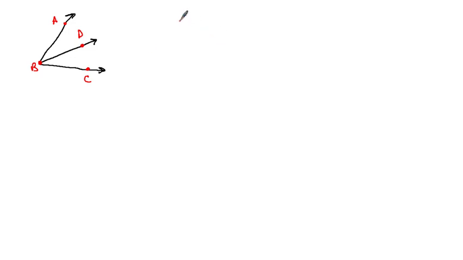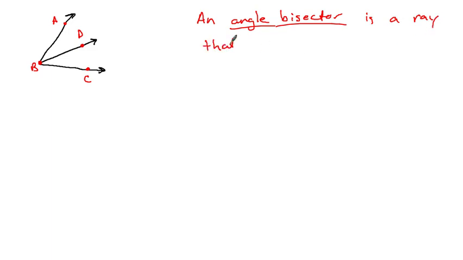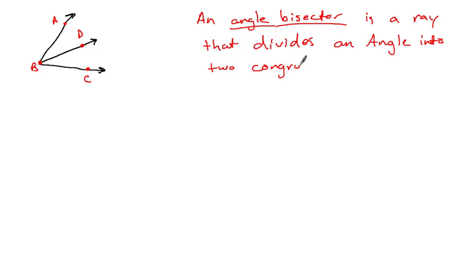And we're going to learn about something called an angle bisector. So we need to write this down. An angle bisector, vocabulary word, is a ray that divides an angle into two congruent angles.